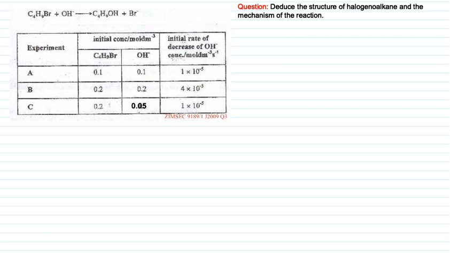Now, we will deduce the structure of the halogenoalkane and the mechanism of the reaction.